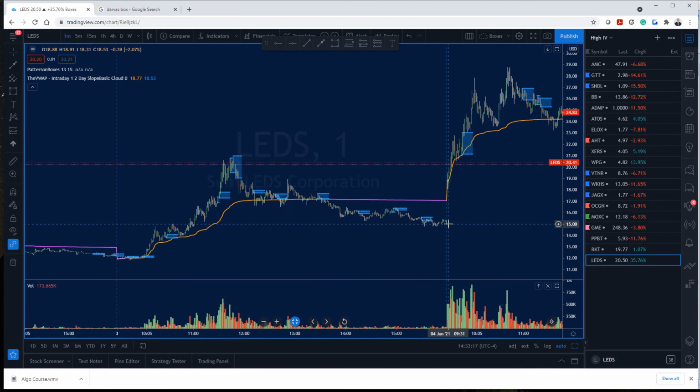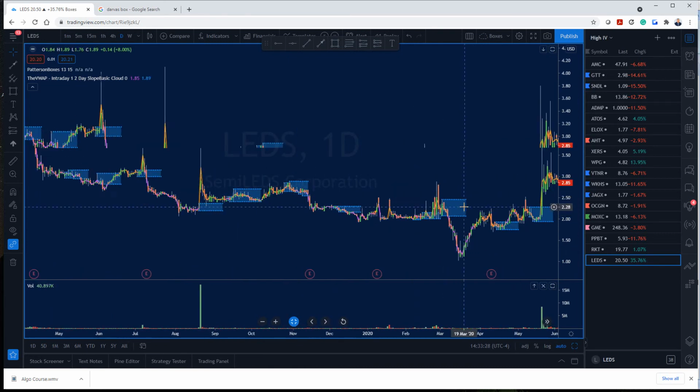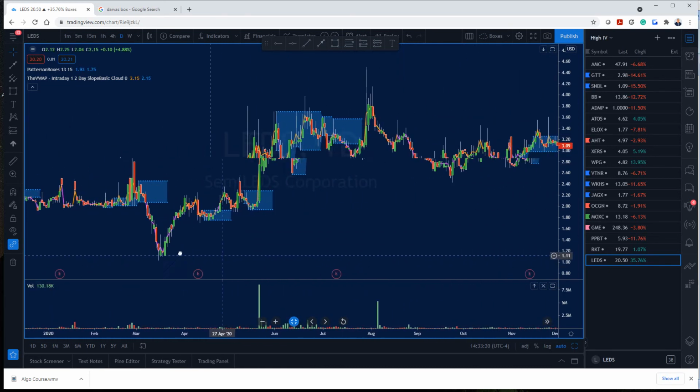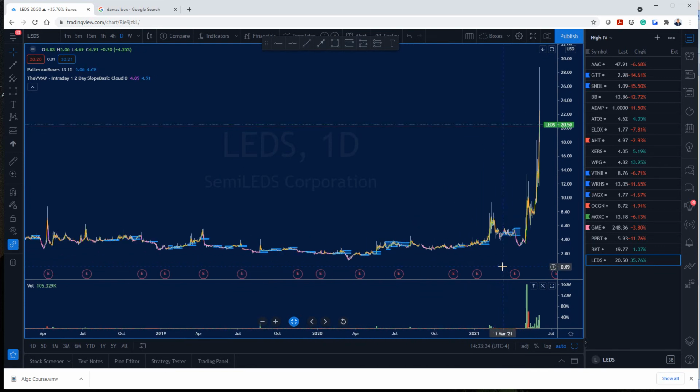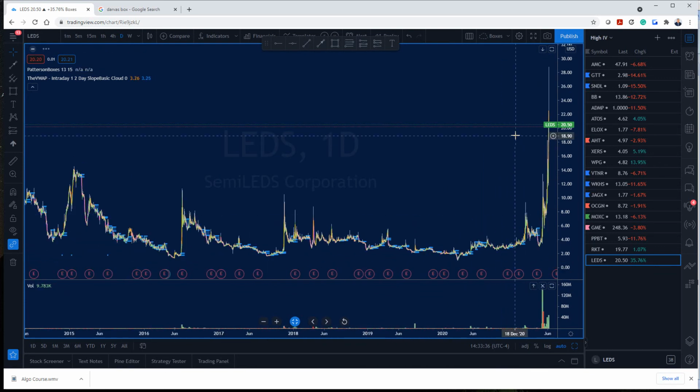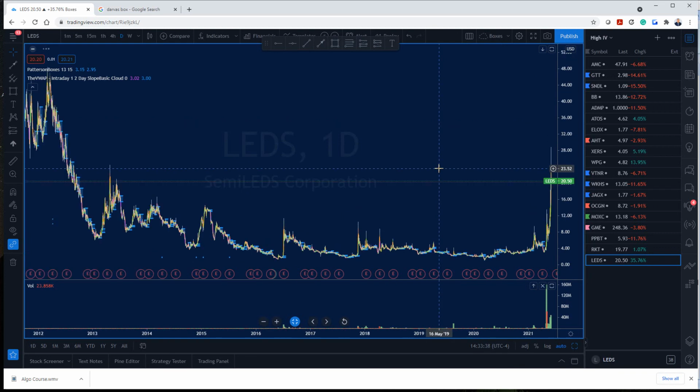LEDS broke out really strong on Friday, so taking that first long was fine. But if you would have gone to a higher time frame, you can see that LEDS was really super overextended, and there was a big liquidity level here at 24.